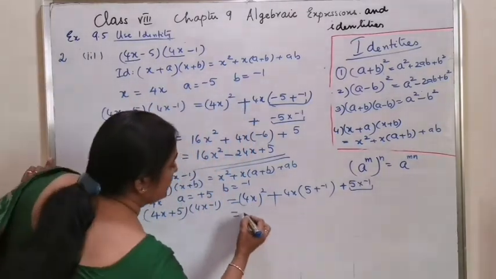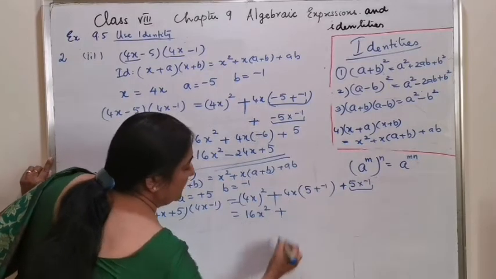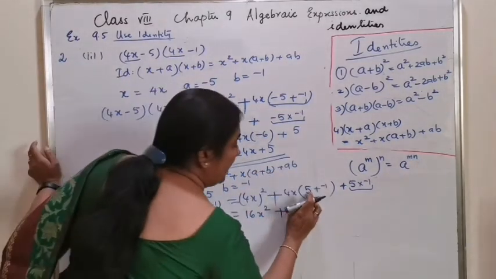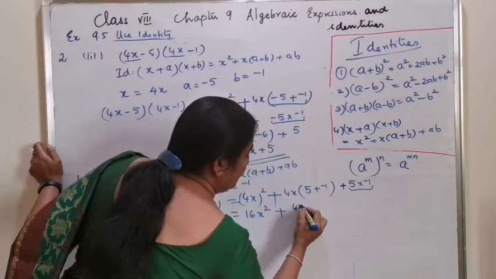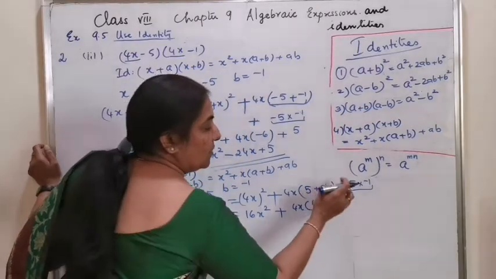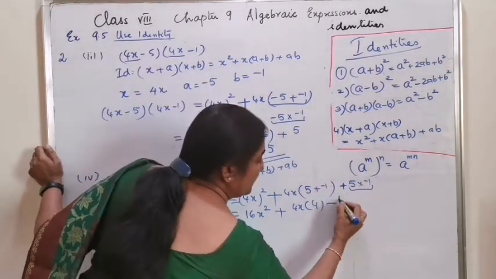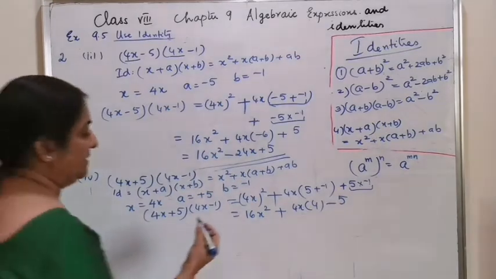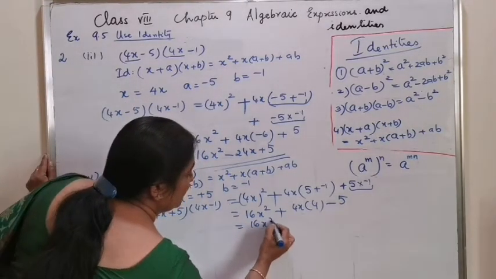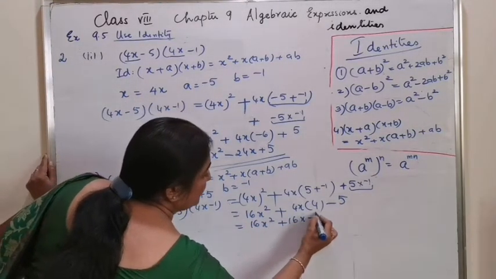See the final answer? 16x square plus, 5 plus minus 1 is positive 4, and 5 into minus 1 is minus 5. Which is the same as 16x square plus 16x minus 5.